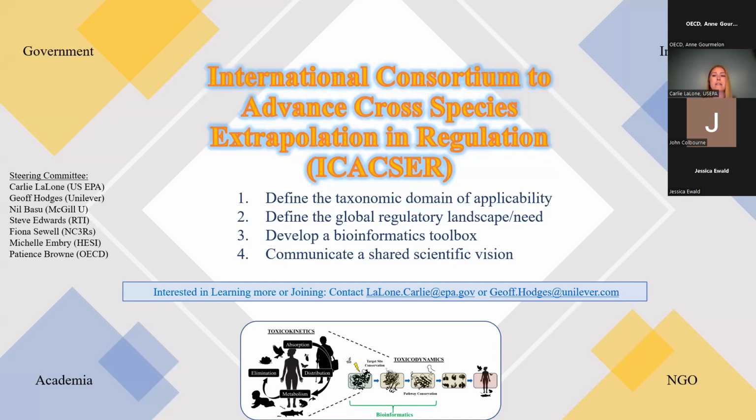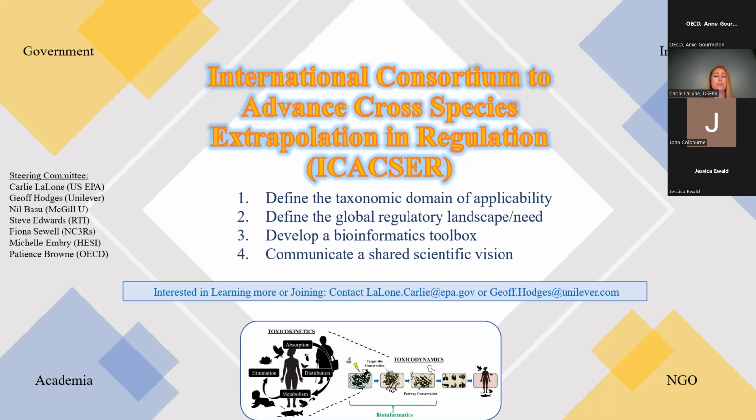There's a number of us involved from government, industry, academia, as well as NGOs to bring together a group that can focus on defining taxonomic domain of applicability, as far as having a greater understanding of the regulatory challenges globally and needs for cross-species extrapolation.